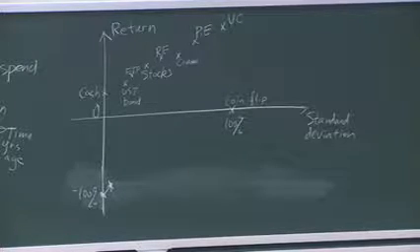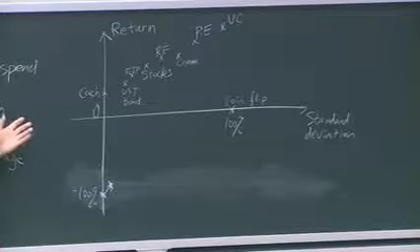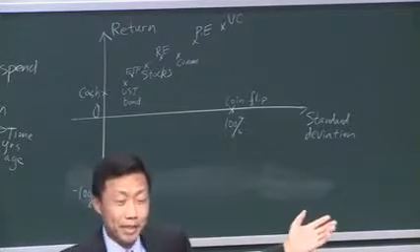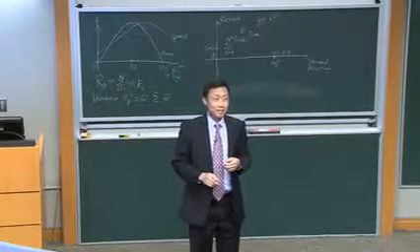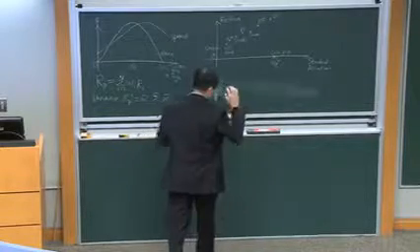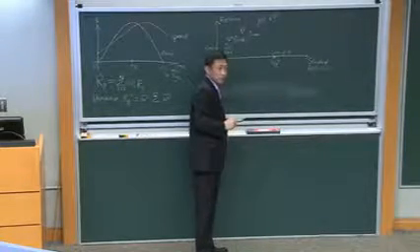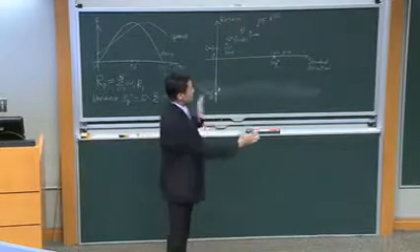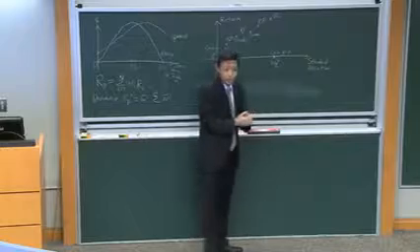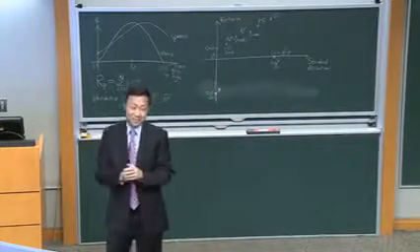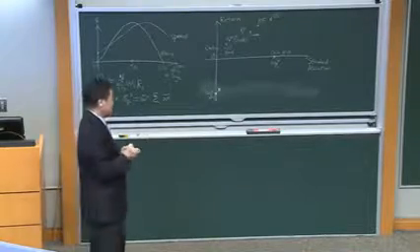Now let me turn the table around and ask you a question. Given this map, how would you like to pick your investments? You learned about portfolio theory. As a so-called rational investor, you try to maximize your return and at the same time minimize your standard deviation. I hesitate to use the term risk, because as I said, we need to better define it.